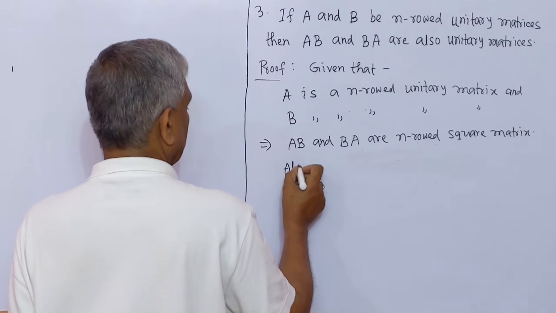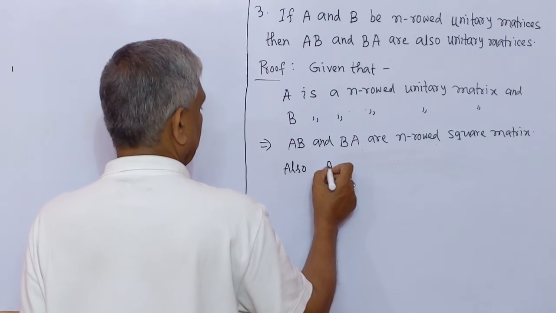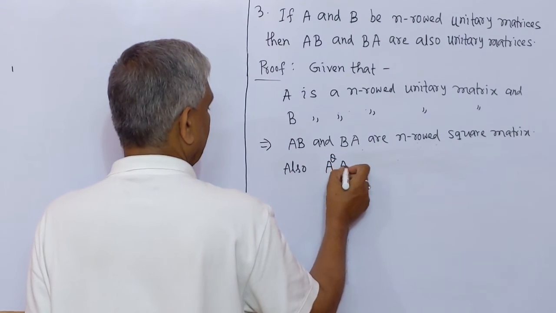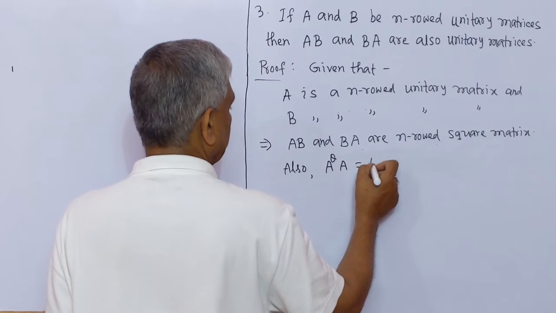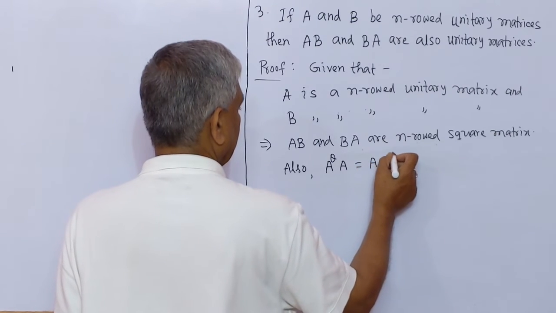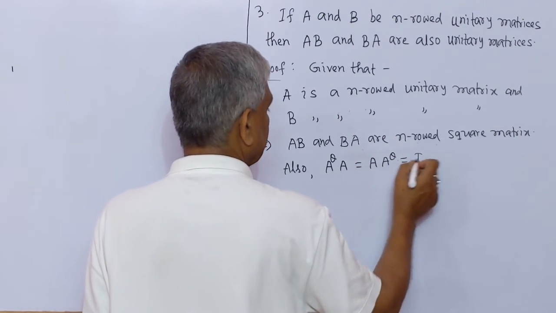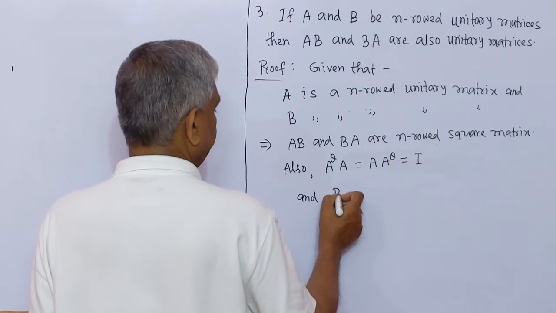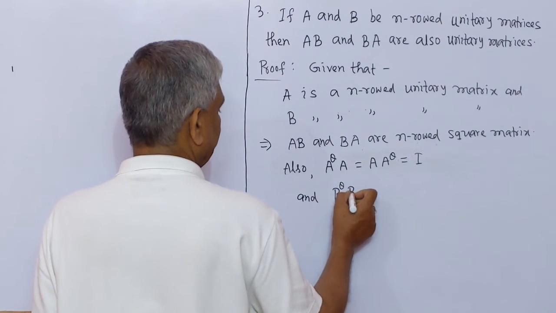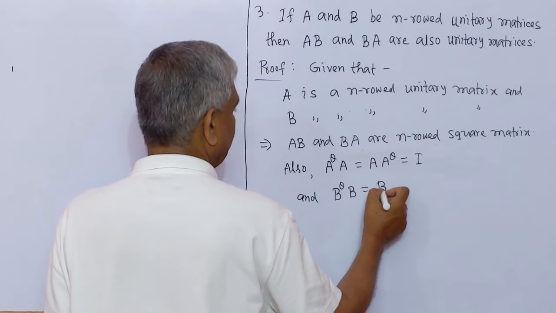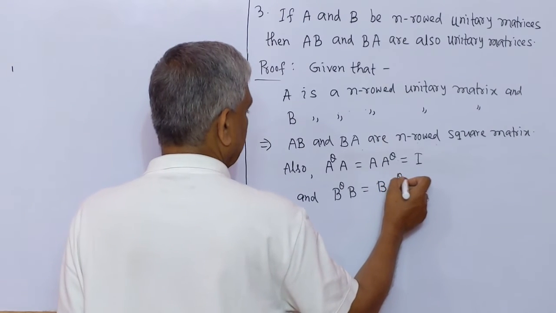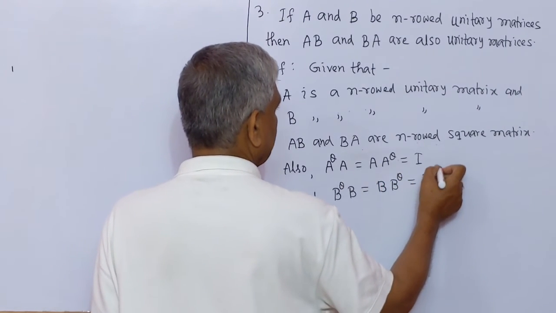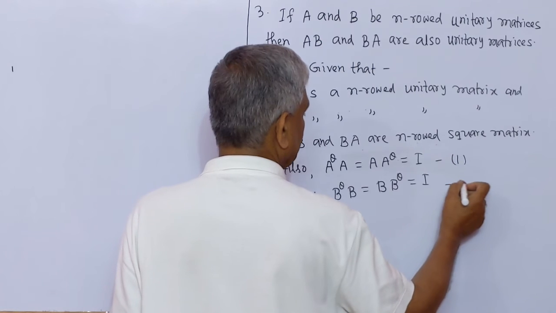Also, A theta A equals A A theta equals unit matrix, and B theta multiply B equals B multiply B theta equals unit matrix. This is number 1, this is number 2.